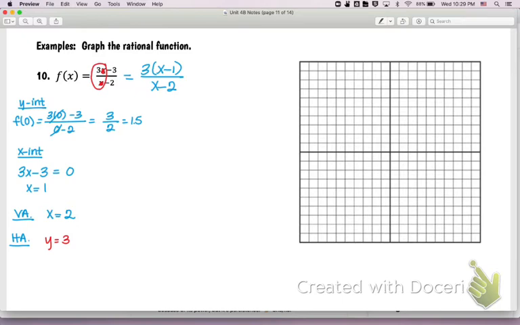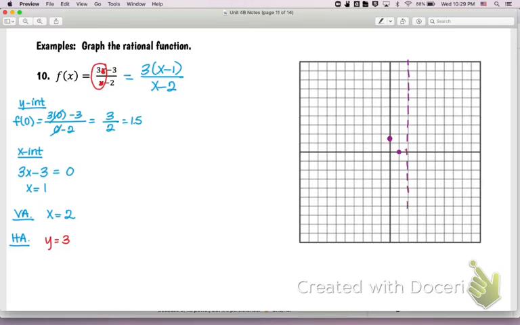So I have a Y-intercept at 1.5, and I have an X-intercept at 1. I have a vertical asymptote at x equals 2. That means I have a vertical line that goes through 2 like this.